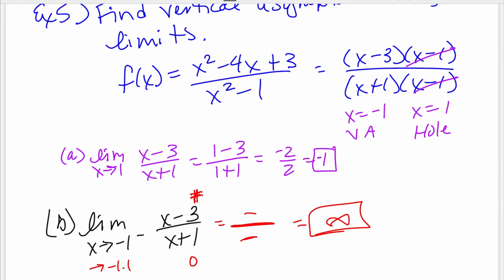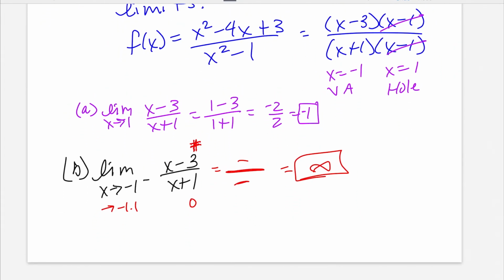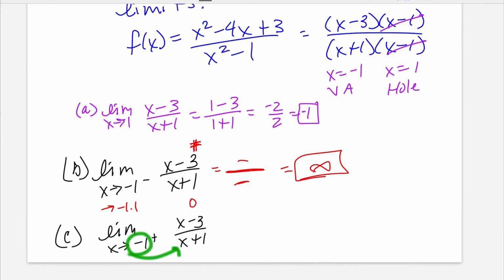Look at what happens when I come from the other side. Oh, dang, I'm running out of room. That's okay. We got this. The limit as x approaches -1 from the right. Obviously, the same thing is happening, putting a 0 in the denominator. But when I take this -1, a negative and more negative, is going to be a negative in the numerator.